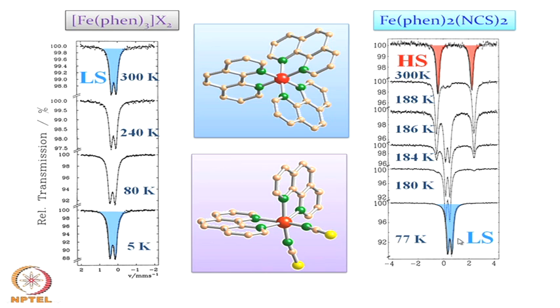And when we have exclusively the low spin situation, we have the splitting like this, but as we move up, we go for further splitting and the signatures for the high spin are also coming. That means, at this temperature range, we have both high spin as well as low spin molecules.